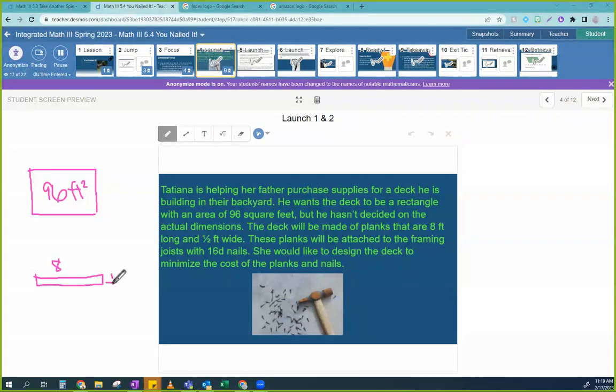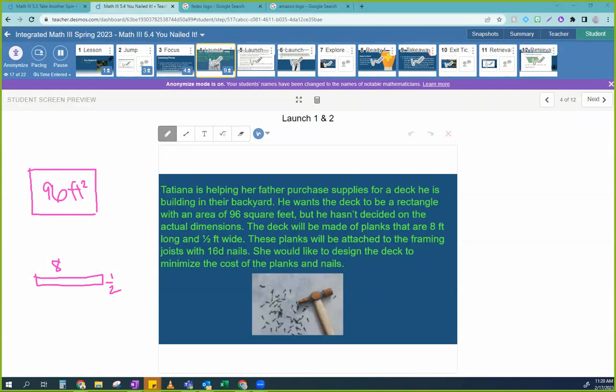Then my brain is thinking about setting up planks along the way. These planks will be attached to the framing joists with 16D nails. They would like to design the deck to minimize the cost of the planks and the nails.